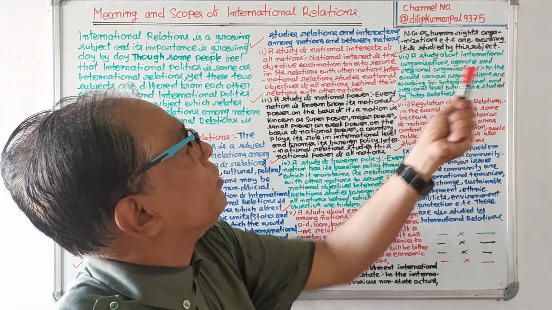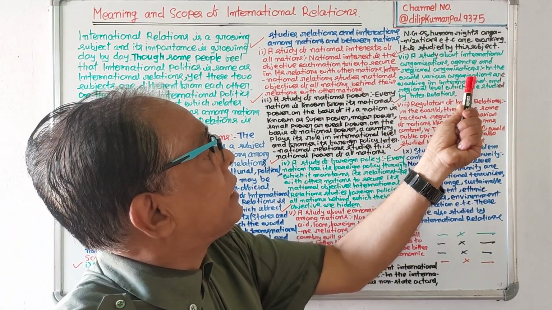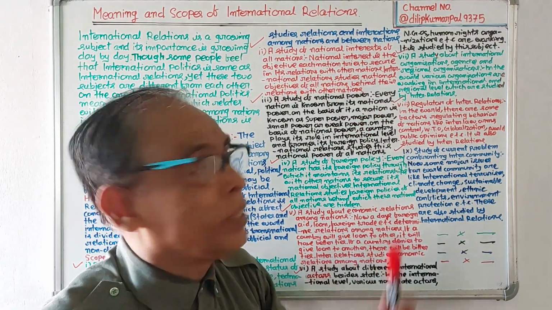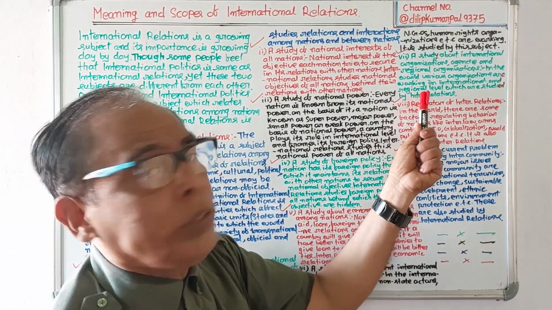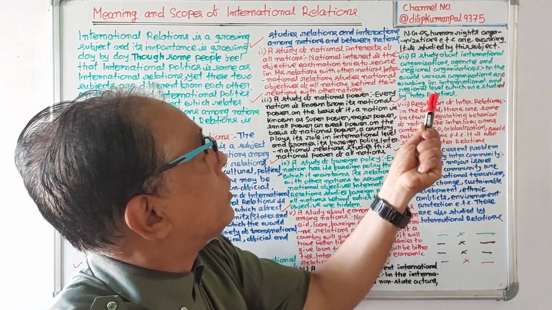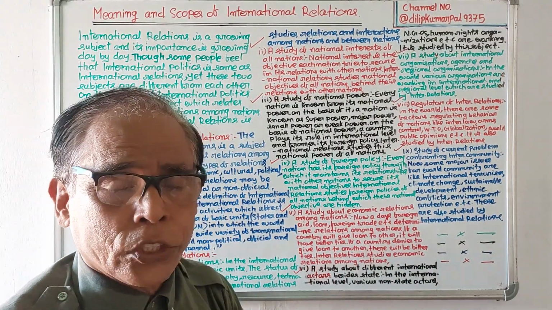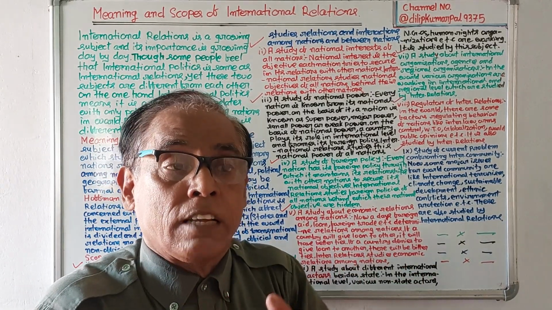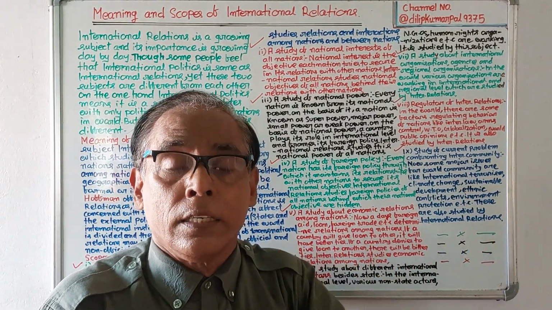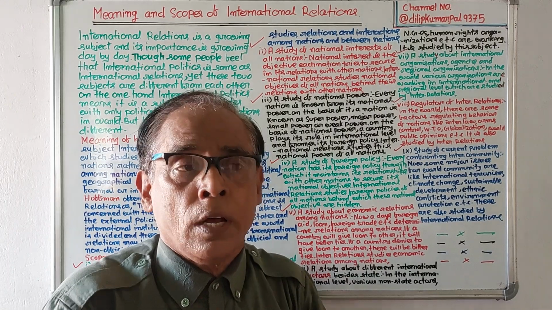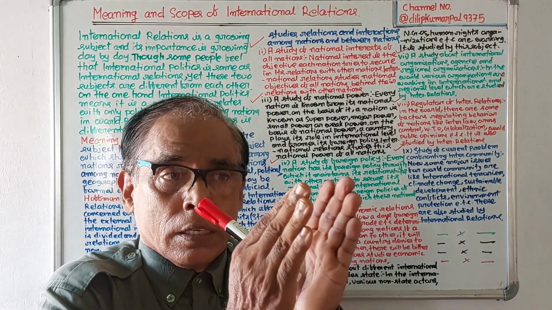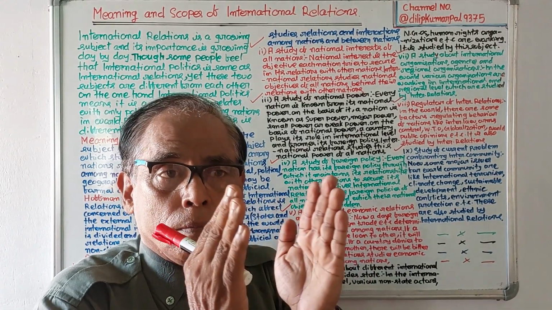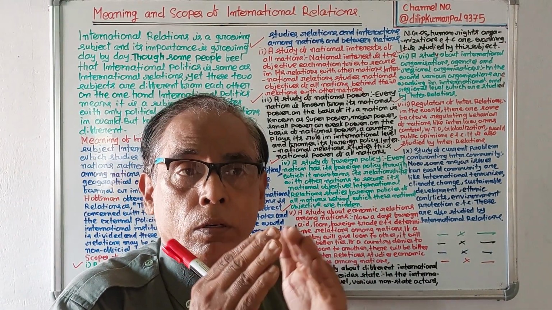Then, a study about international organizations, agencies, and regional organizations. In the world, various organizations are found at the international level and regional level, which are studied by international relations. At the international level, there are various international organizations like the United Nations Organization, UNO, then the Security Council, then the General Assembly.